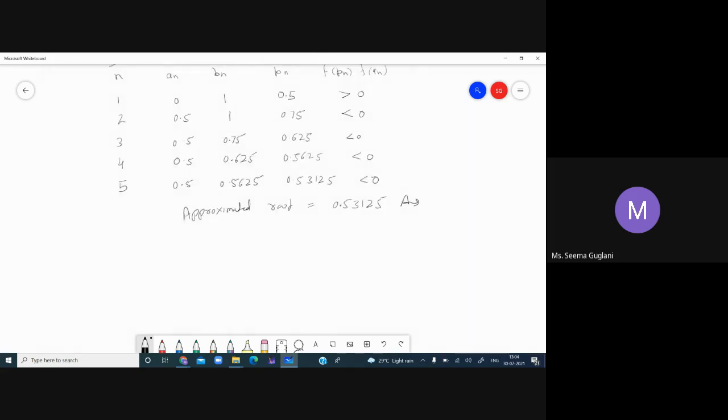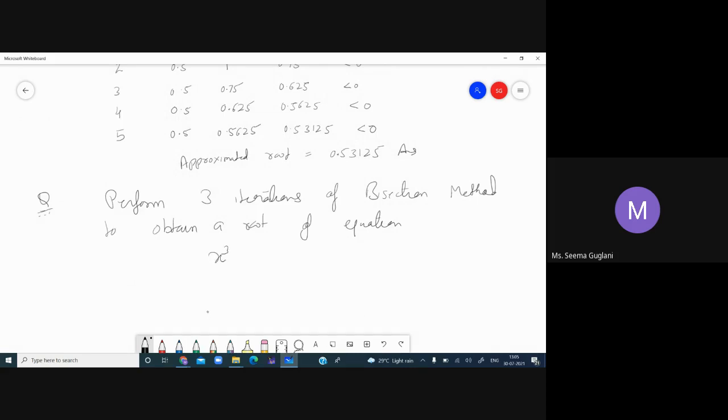So I am giving you one question for homework. Perform 3 iterations of the bisection method to obtain a root of the equation x cube minus 4x minus 9 is equal to 0.